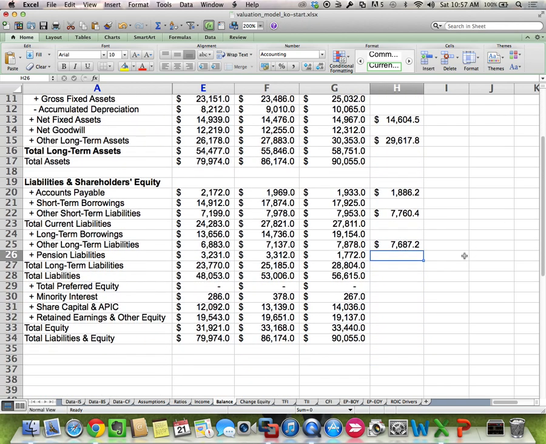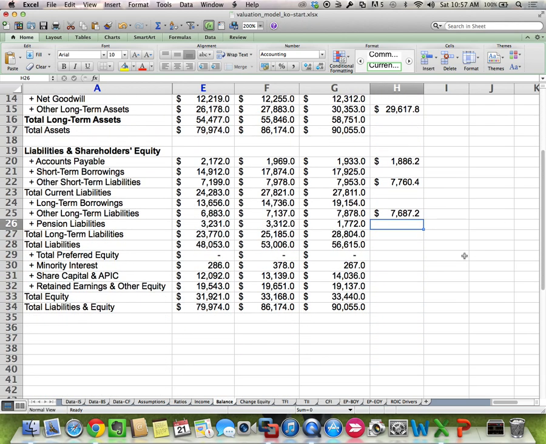So the way we're going to do it is we're going to start with the liabilities and equity. And specifically, I'm going to finish off the equity here. So in this case, preferred equity equals previous year. Because we're not changing the capital structure, so whatever preferred stock we have, we're going to keep in 2014.